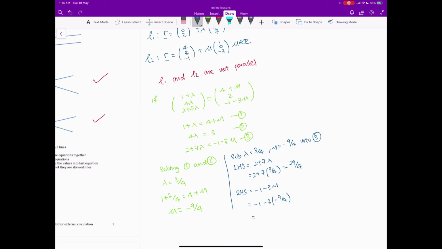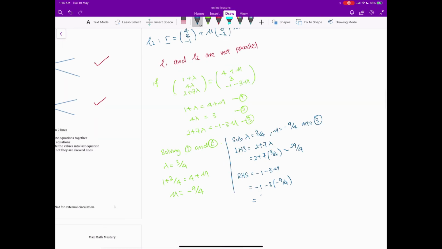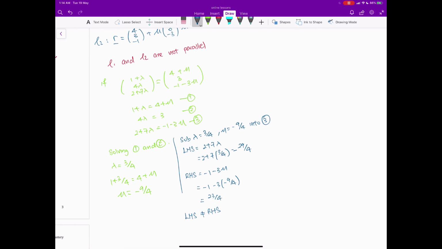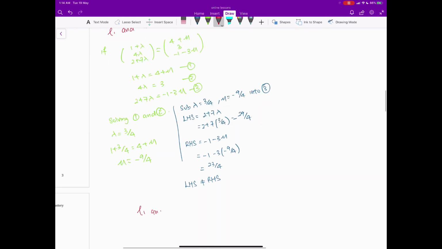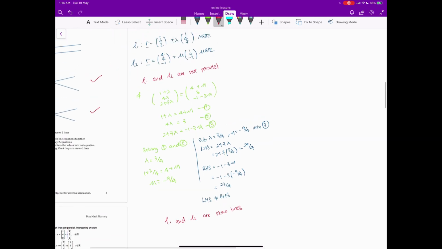I can quickly calculate this to be 23/4. Since the left hand side is not equal to the right hand side, we can simply derive that line 1 and line 2 are skewed lines. If your left hand side is equal to right hand side, it means that the lines intersect. And with that value, you can also find out the common point of intersection.